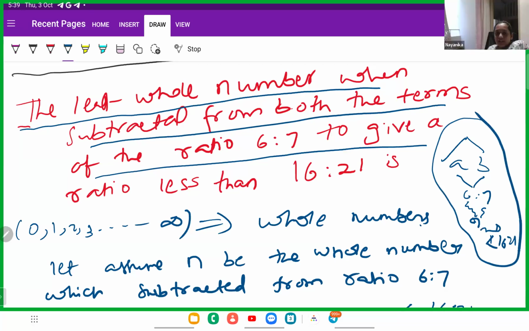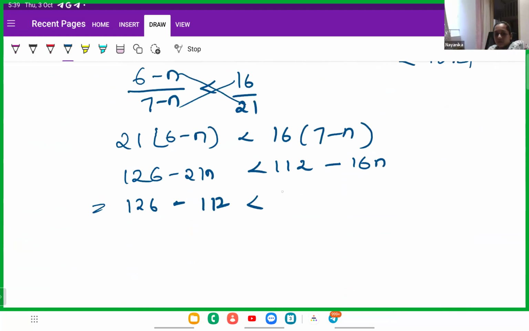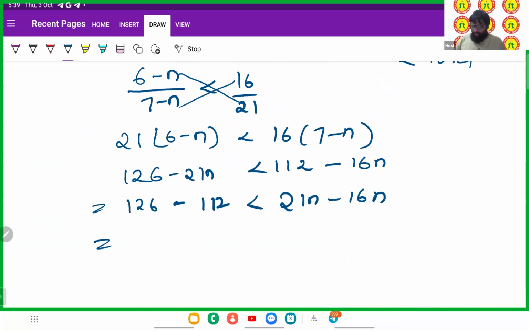Sir, may I tell the answer? Yeah, just give me a second. If I am wrong, you can correct me. Here, 21n minus 16n is less than 126 minus 112, that is 14.